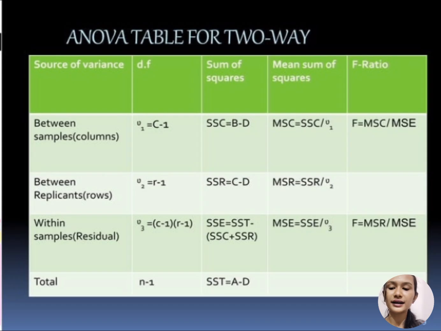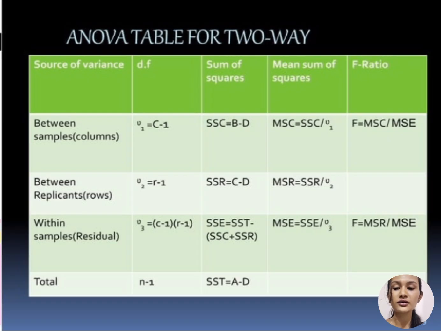Now in this slide, we can see the ANOVA table for the two-way classification, wherein the source of the variance is classified as between the samples, that is columns, between replicates, that is rows, within the samples, that is residual, and the total. The next column is degrees of freedom, which is C-1 for between the samples, R-1 between the replicates, and (C-1)(R-1) for within the samples.